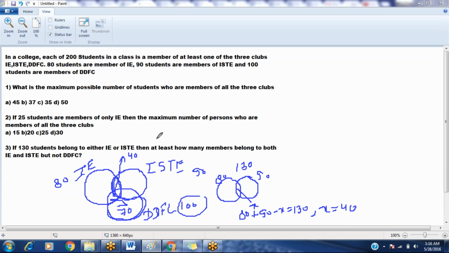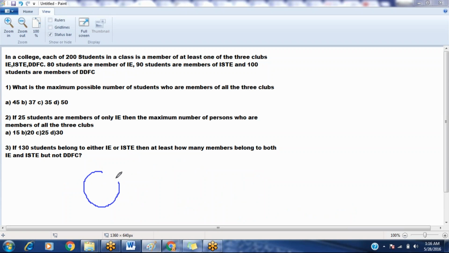Now we want at least how many members belong to both IE and ISTE but not DDFC, meaning we want to minimize this portion. I'm drawing the circles again. This is IE, this is ISTE, and this is DDFC. This portion is 70, and this whole common portion is 40, and we want to minimize this value.